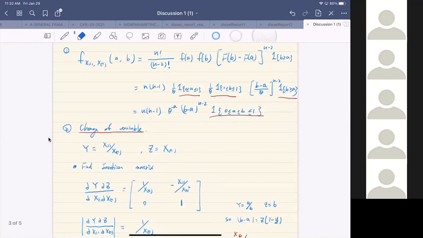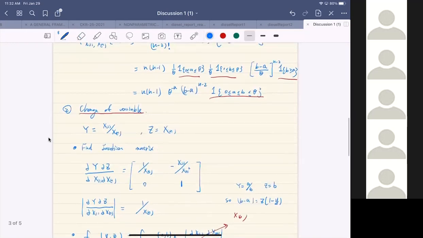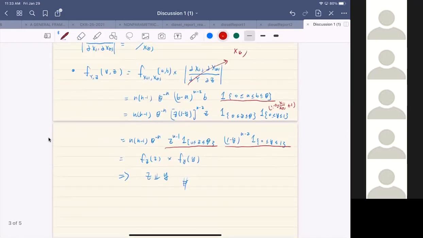Here is also theta. Yeah, thank you. It's theta.